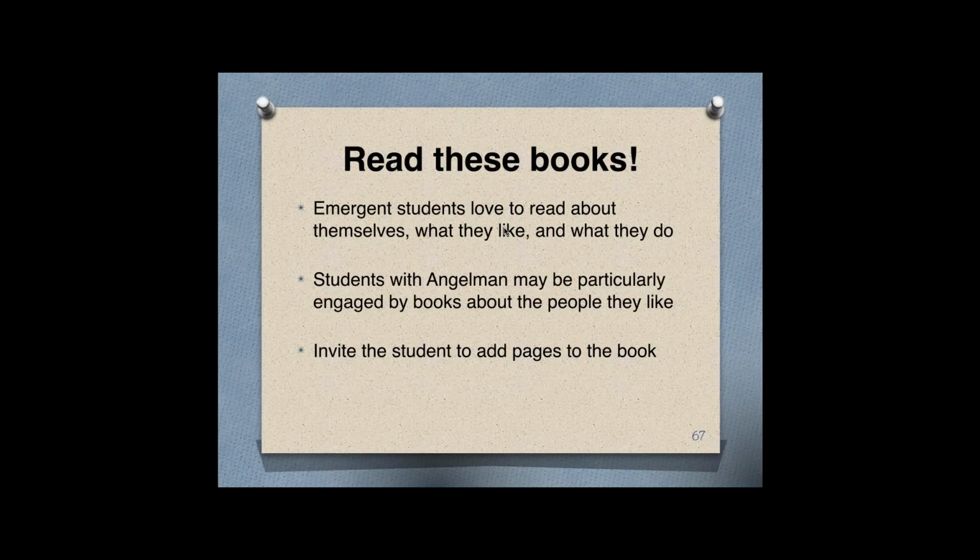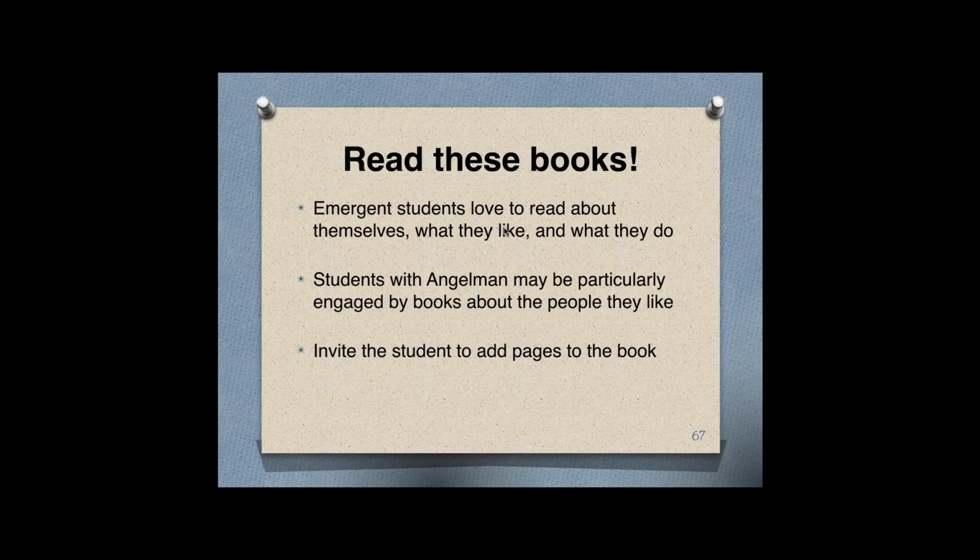So then once we've made these books, the trick is to now start reading them. And we know that kids at early stages of literacy, those emergent students, they really like to read about themselves. They really like to read about what they like, what they do. We know that our kids with Angelman really are so often the most motivated by reading about all the people in their life.